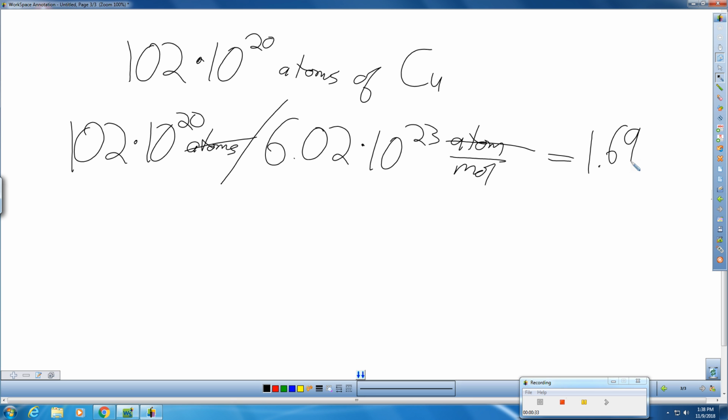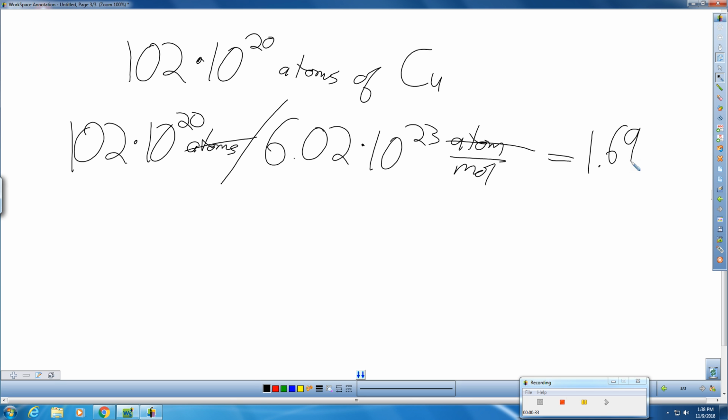So I put parentheses 1.02 times 10 to the 20th. Then I end my parentheses over parentheses 6.02 times 10 to the 23rd, end my parentheses, so the top and the bottom are both in parentheses.